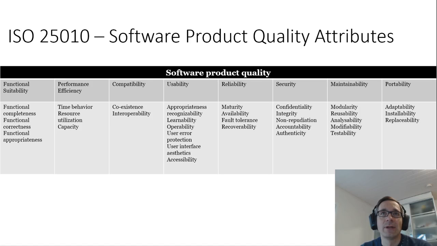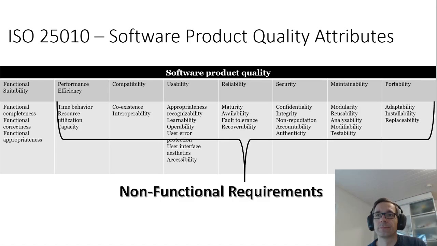This standard defines software product quality through 8 software product quality attributes, namely functional suitability, performance efficiency, compatibility, usability, reliability, security, maintainability, and portability.